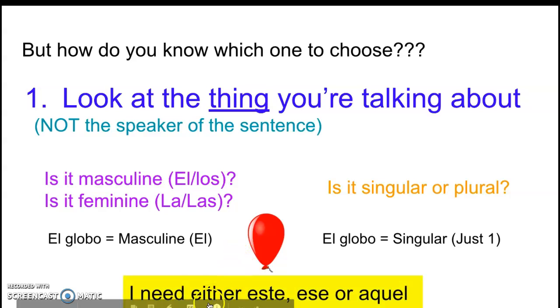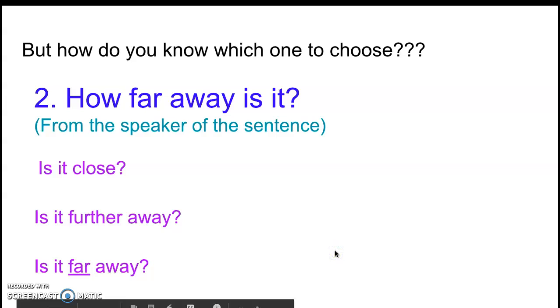Then I know I need either este, ese, or aquel. I need the masculine forms of these. Notice that none of these end in a. Then, once I know what I'm working with, masculine, singular, I ask myself, how far away is the balloon from the speaker of the sentence?